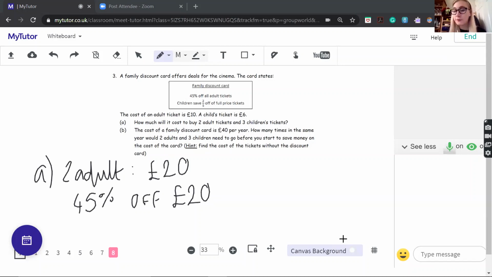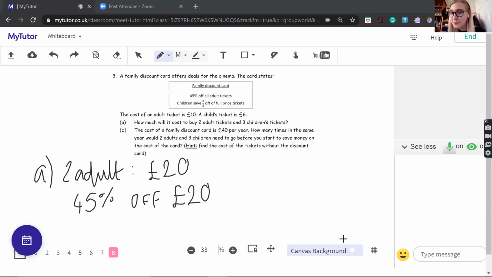Shouldn't it be 45% off each individual ticket? That will give us the same thing, basically, because we're multiplying, and it doesn't matter whether you multiply and then add them together or add them and then multiply. So 45% off 20 is the same as 45% off 10 plus 45% off 10. That's a really good question, though.